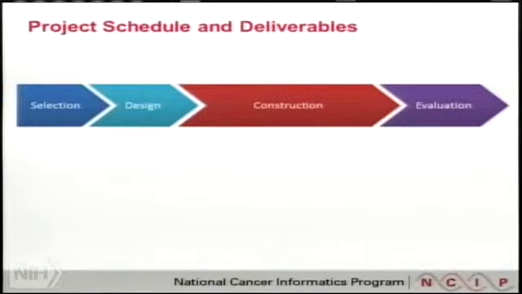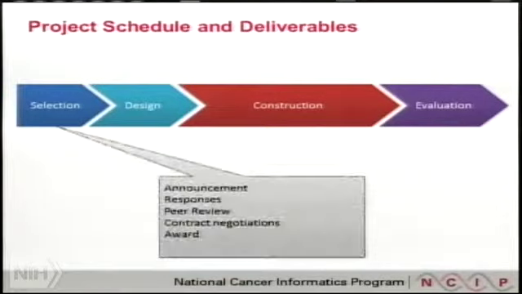In terms of schedule, we've broken it into 4 stages. An initial selection phase, which would be announcement responses. Because this is a broad agency announcement, it would be peer-reviewed instead of having a conventional FAR-based, the Federal Acquisition Regulations-based internal review. Contract negotiations and award.